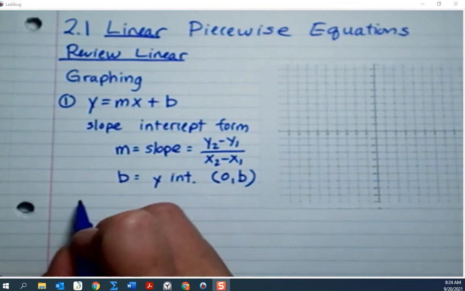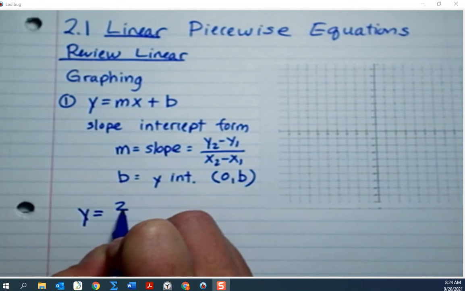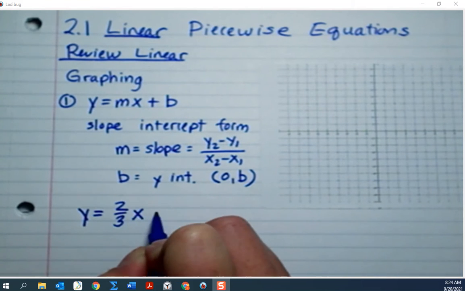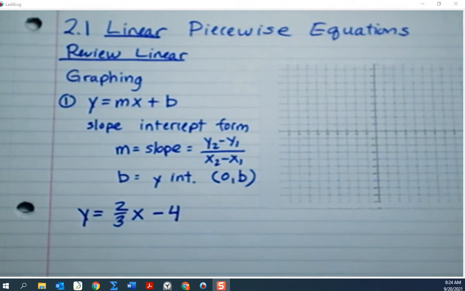So we're going to graph y equals 2/3 x minus 4. That's what we're going to graph. Now, in order to graph a line, you need a starting point and you need a slope. So you can count rise over run.